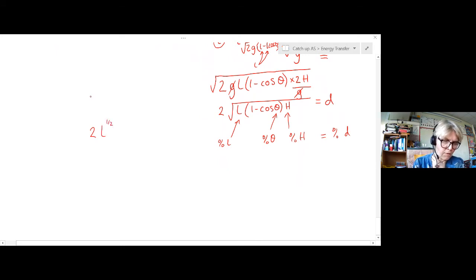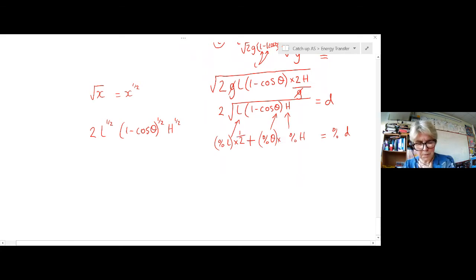Because if I square root x, then that is x to the half. So 1 minus cos theta to the half and h to the half. That means the percentage uncertainty, we have to times it by half. And then we can add the percentage uncertainty in theta as long as we times it by a half.